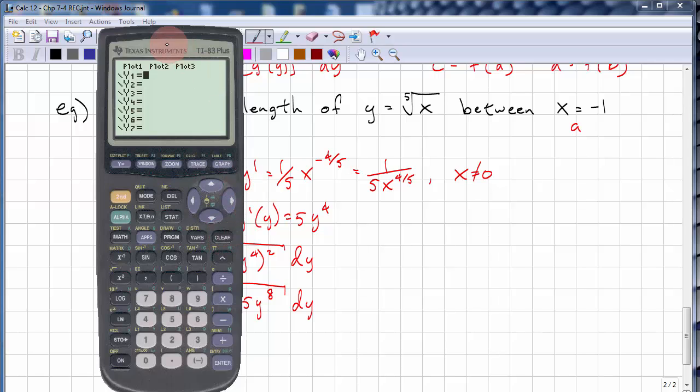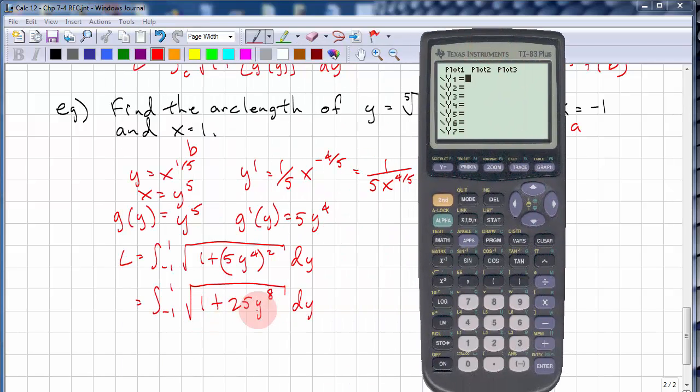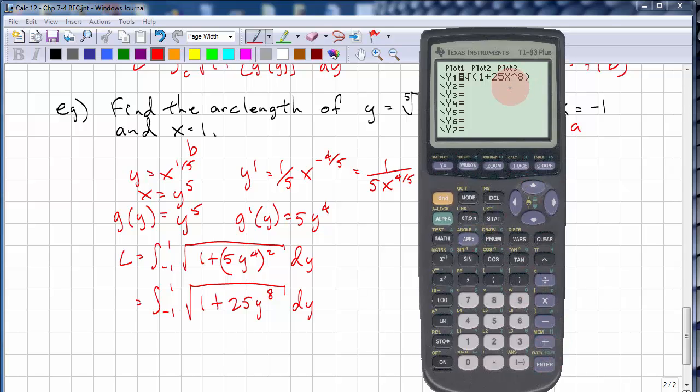Let's clear that out. Now we want to do this integral, square root 1 plus 25 x to the power of 8. We can't put y in here. The calculator only does x, so we substitute the x for y. Graph.